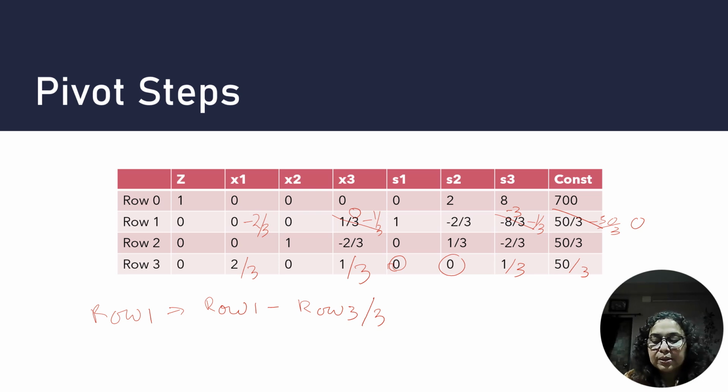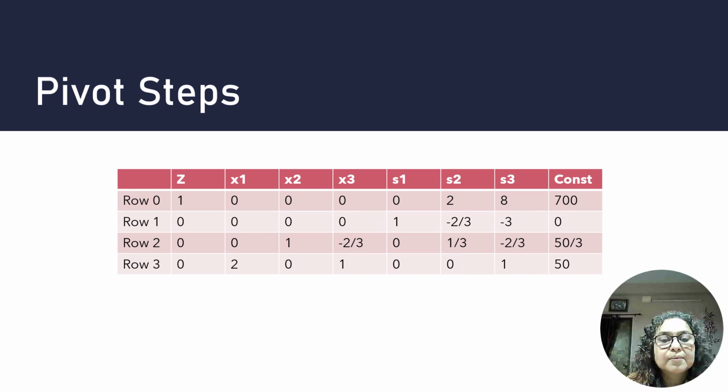Okay, so we make the next pivot. So next we have, we already have 1 over here, we have 0 over here, and we have to convert this to 0. So what we do is we multiply this with 2/3 and we add to this.